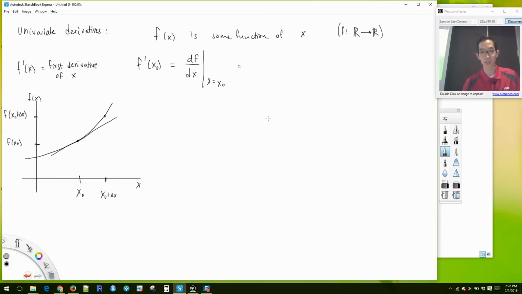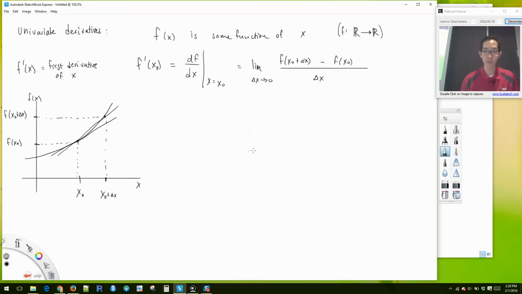Our derivative is basically the limit as delta x goes to 0 of the difference between all of this. So we've got f of x0 plus delta x minus f of x0, divided by delta x, as this goes to 0.